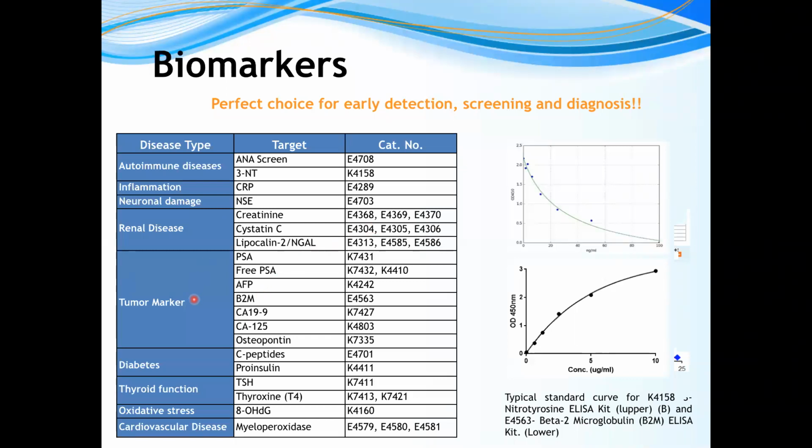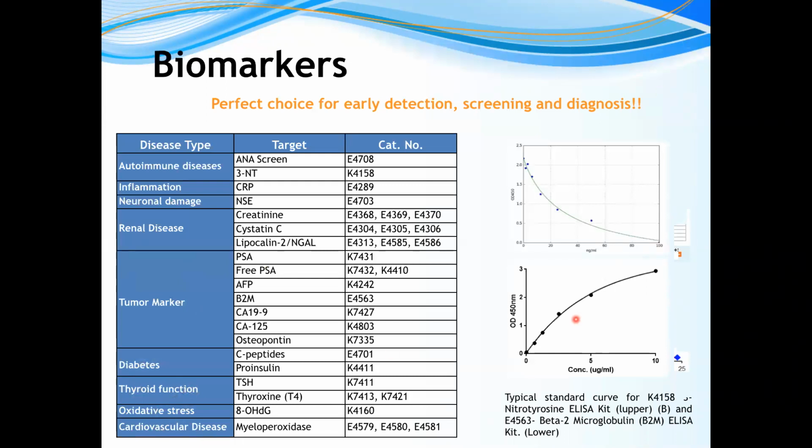So BioVision offers a wide selection of ELISA kits, listed here. The major disease categories for which we offer ELISA kits are autoimmune diseases, where ANA screen and C-reactive protein are a hot topic, then inflammation, neuronal damage, renal disease, tumor biomarkers, another very hot topic, diabetes, thyroid function, oxidative stress, and cardiovascular stress.